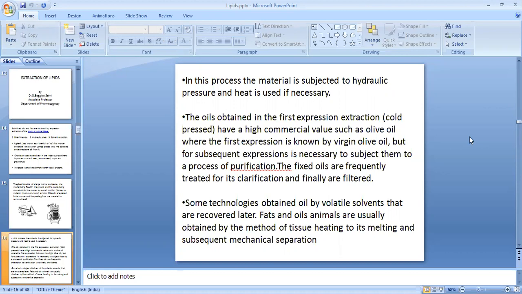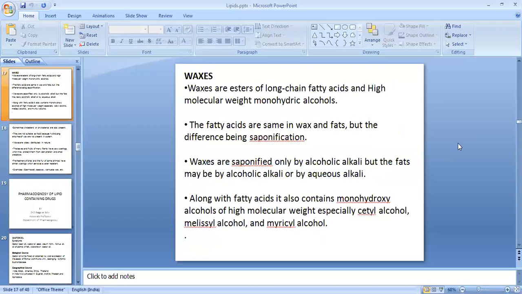As I already told you, the oils also can be separated by using the volatile solvents, that is nothing but the non-polar solvents, where the fixed oils and fats have their maximum solubility. And after extraction with the non-polar solvents, the solvents can be removed by distillation process or by any suitable means to separate the fixed oil and fat from the solvent what you are using for the extraction.